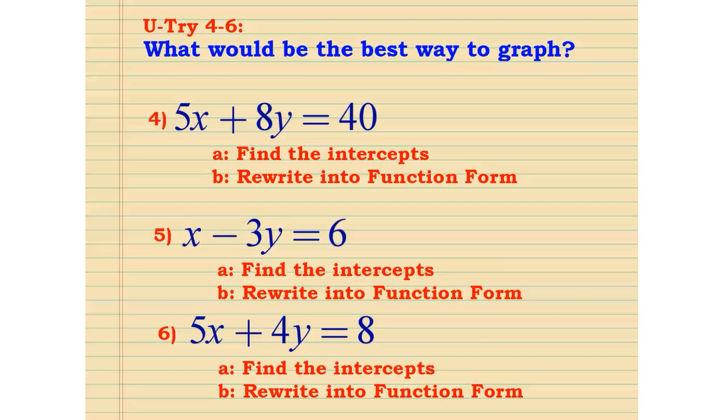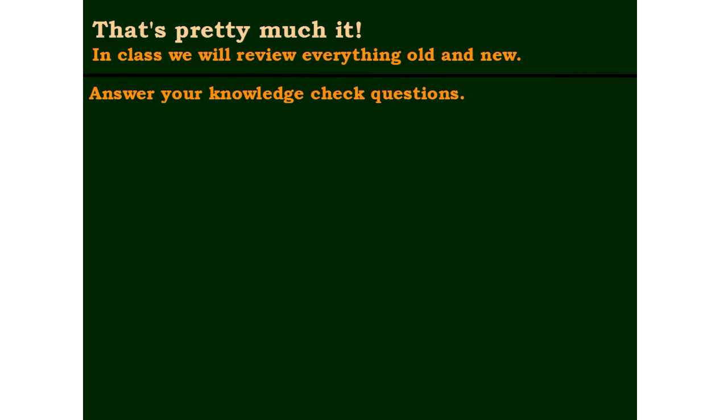What I want you to do is look at each equation and think to yourself, which is the best way to graph this line? Would it be easier to find the intercepts, or would it be better to rewrite it into function form, or y equals mx plus b? All right, bring your questions to class and we'll work on this some more. Make sure to do the knowledge check.